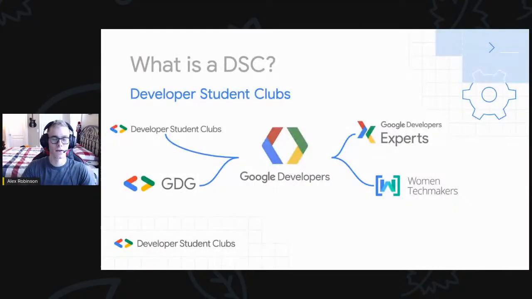All right, guys. I'm going to send you backstage, and I'll have you back in just a sec. Okay, so for those of you who are new to this session or new to developer student clubs overall, let me give you a quick recap of what developer student clubs is. Developer student clubs, or DSCs, are student-run communities that are supported and recognized by Google Developers that empower students through programs like these here on the slide: developer student clubs like ourselves, GDGs, GDEs, or Google Developer Experts, and Women Techmakers.